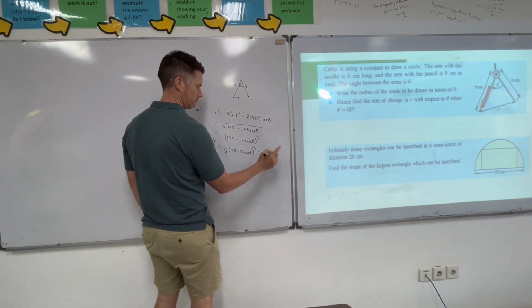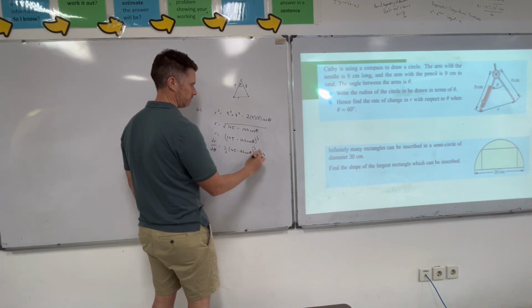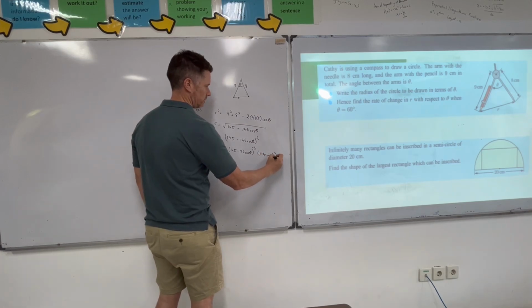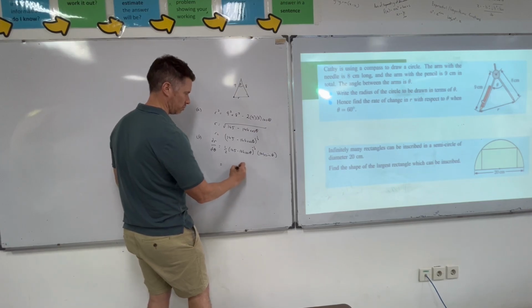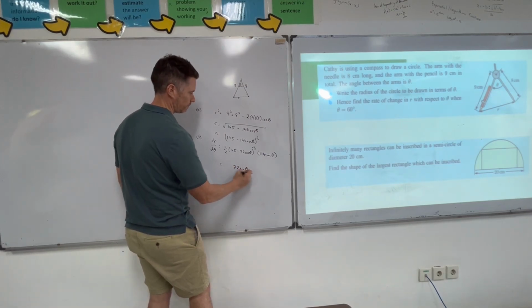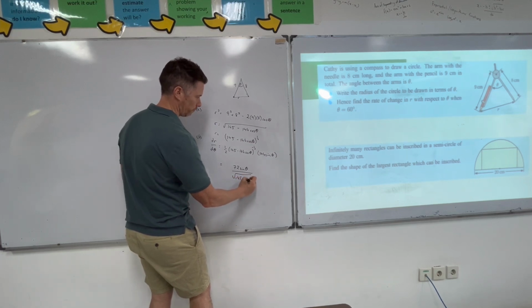It's positive because the derivative of cosine is negative sine. So I could have this as 72 sine theta all over the root of 145 minus 144 cos theta. Do we like that? Yeah.